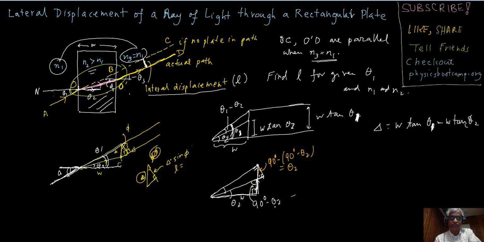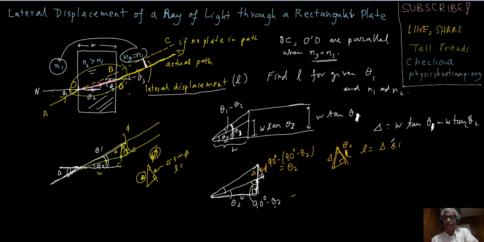So this is delta and we want L. So we got, this is theta 2 and this is delta, and the L we want. So L equals to delta, because, let me see, actually this is base.